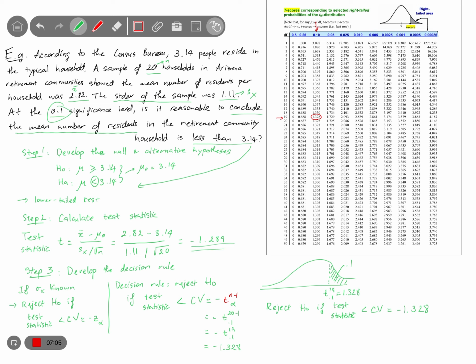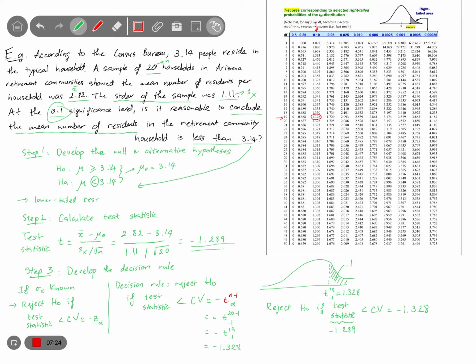That's what we calculated in step 2. So then you'll be asking yourself, is negative 1.289 less than negative 1.328? And the answer is no.